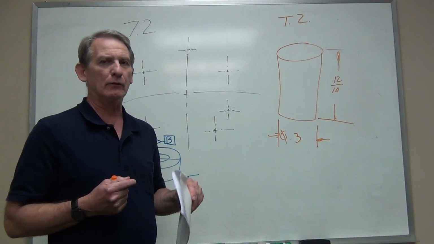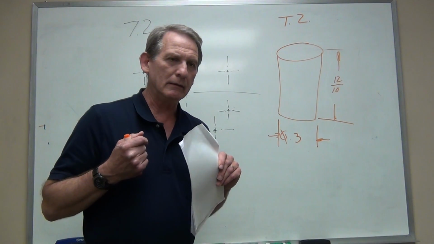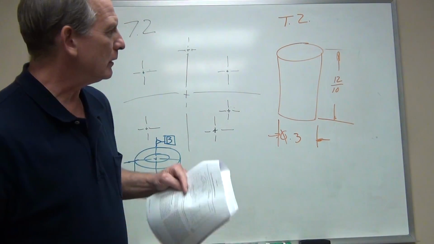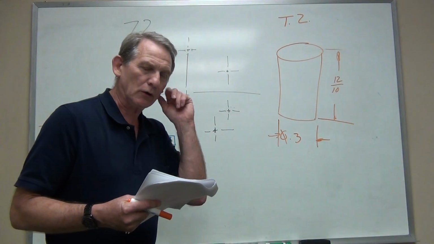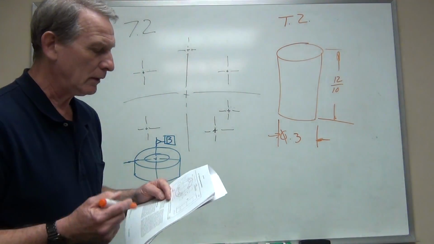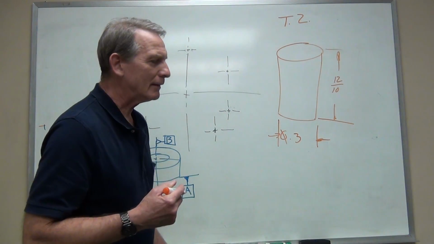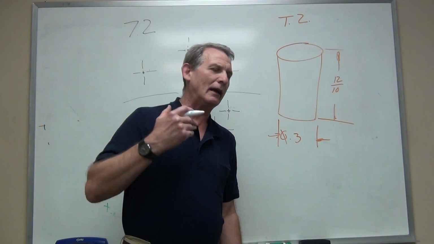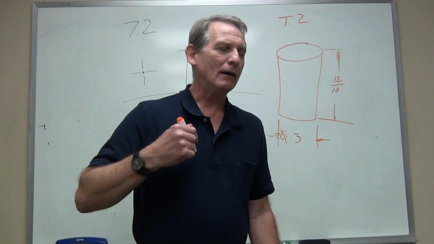They have no tolerance. The tolerance is going to be established by the tolerance zone. So around each one of these 1, 2, 3, 4, 5, 6 locations, we are going to have a tolerance zone that is 0.3 in diameter. Now again, 0.3 in diameter is 3/10 of a millimeter.